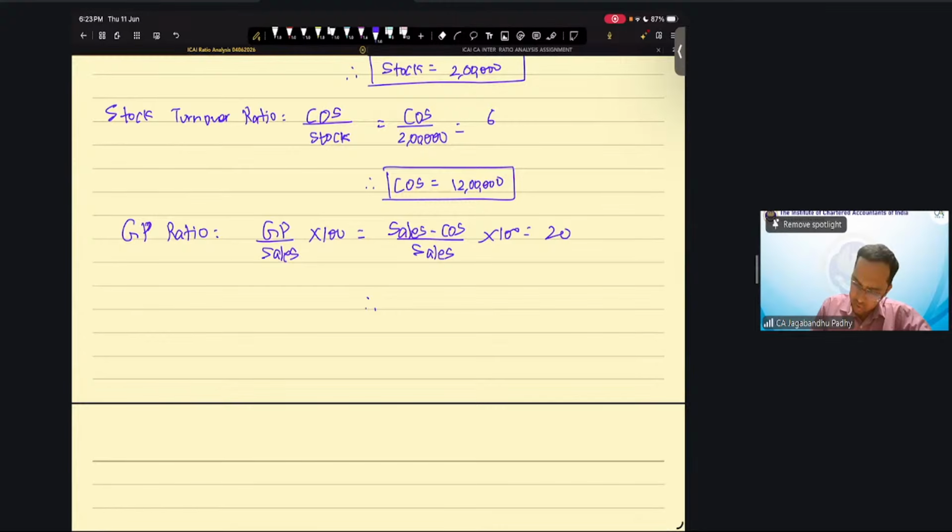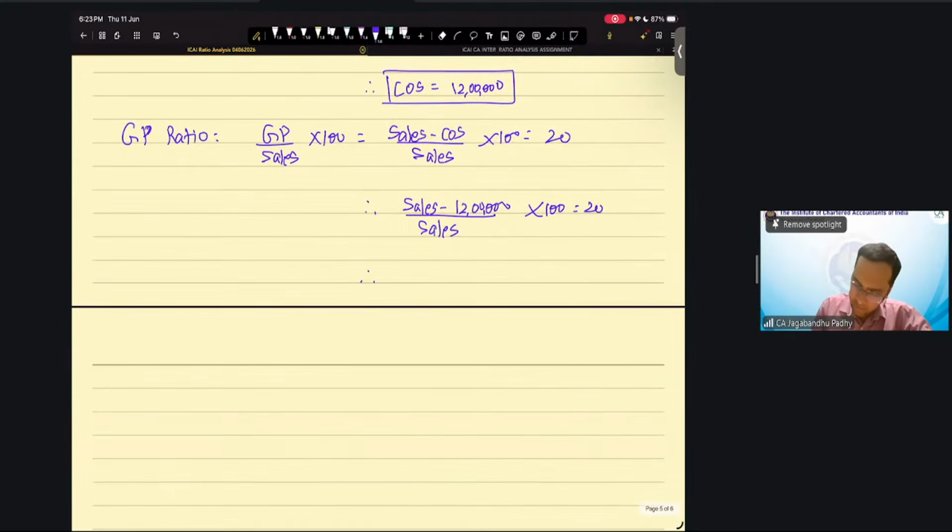Of course, we don't know the value of sales, but we definitely know that cost of sales is 12 lakh. So what will be the value of sales? It's going to be sales minus 12 lakh is equal to 0.2 times sales.